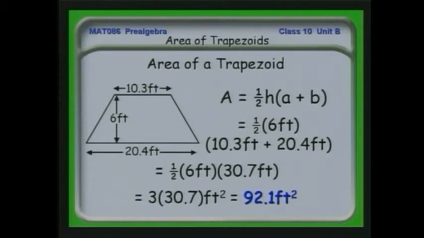The only difference now is that we need to add in those two parallel sides before we do the rest of the mathematics. Straightforward, and again, just a slightly different formula. Instead of 1/2 the height times the base as you would for a triangle, you now have to add the lengths of those two parallel sides.